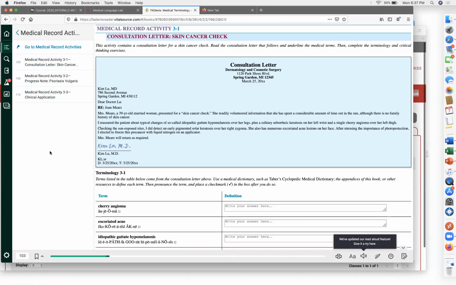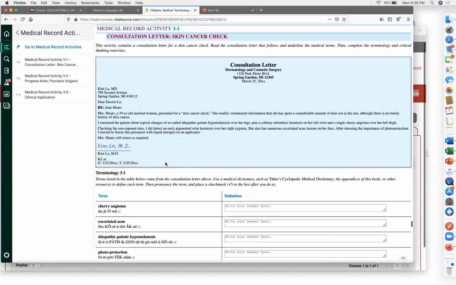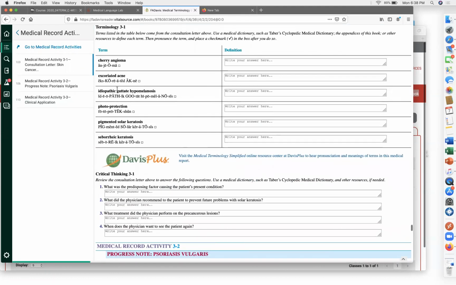So do you think now until week 9 or week 10, you could look at each and every case and pretty much figure out what questions I could ask? Yeah, you could easily do that because you have all the cases, you know which chapters you already did, right? And they give you the words, like for example, let's look at this idiopathic guttate hypomelanosis.